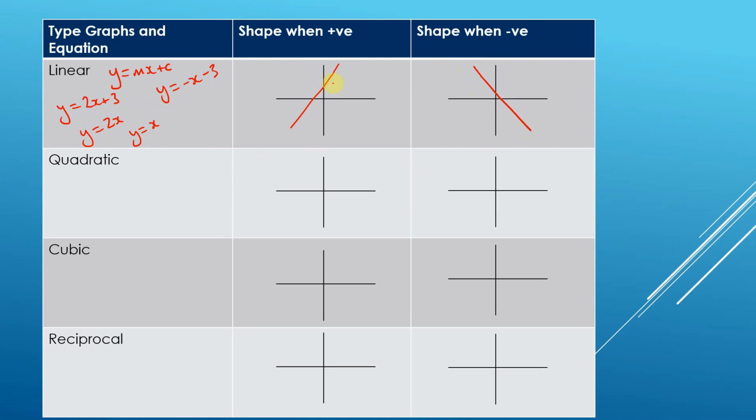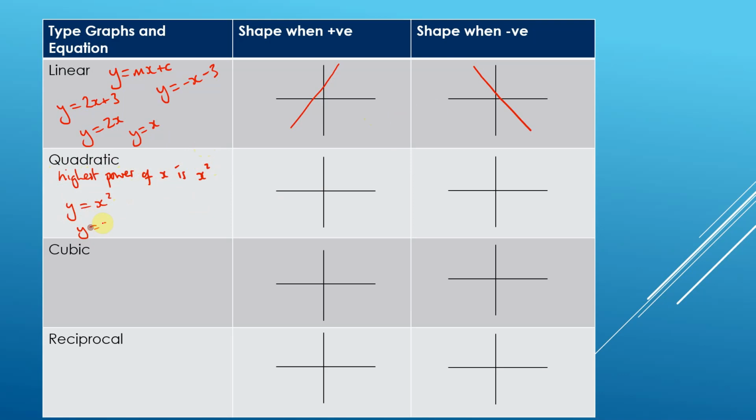Obviously, these specific points I'm crossing, I don't really know. I'm just drawing the general shape of it. A quadratic is where the highest power of x is x squared. So we could have something like y equals x squared.